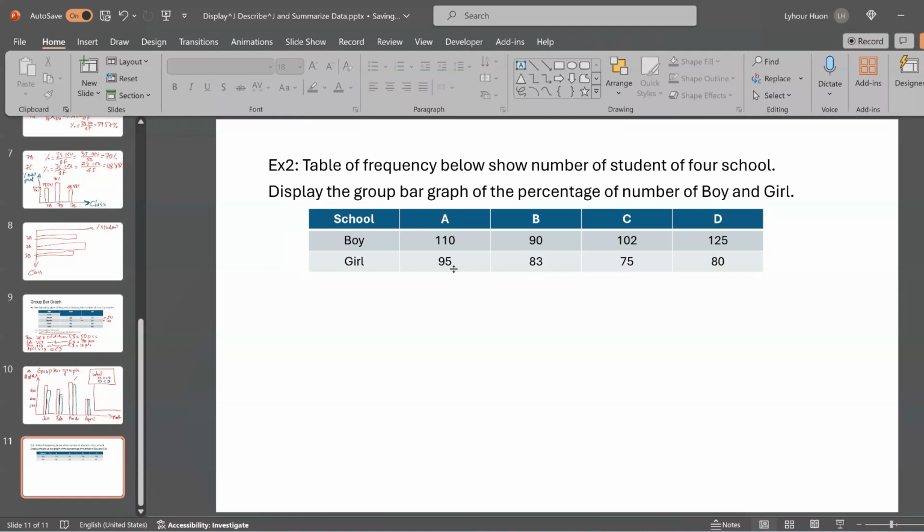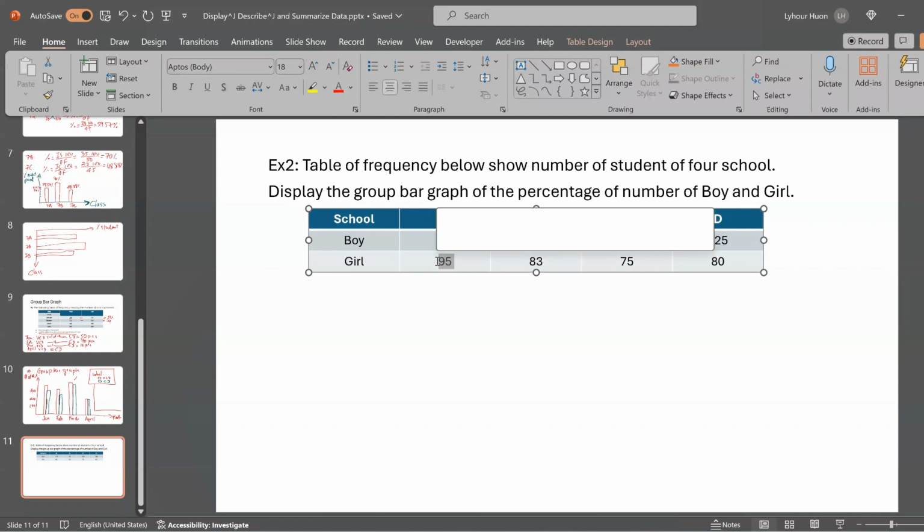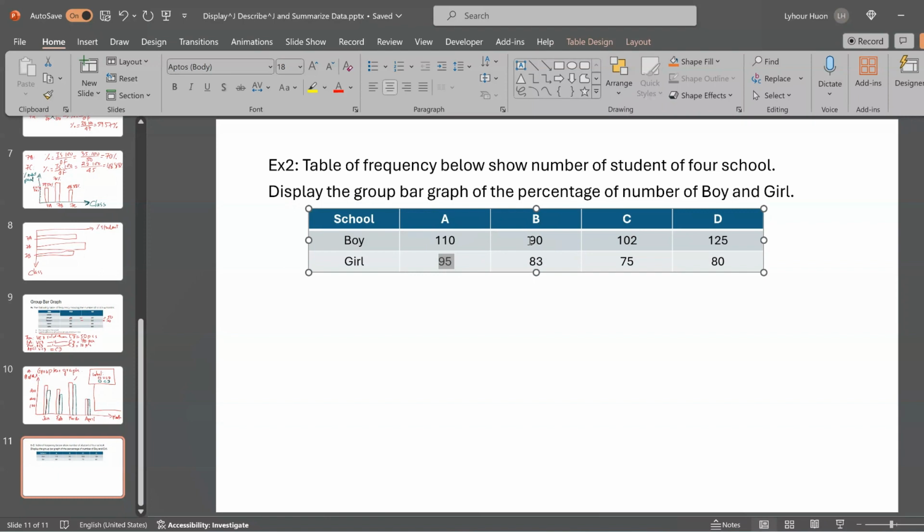Okay. For example, you collect the data from four schools. Let's say you are the governor and you collect the data from each school. School A has 110 boys and 95 girls. School B has this number of students, boys and girls. School C, school D. Then you ask your assistant to show the data as a bar graph.